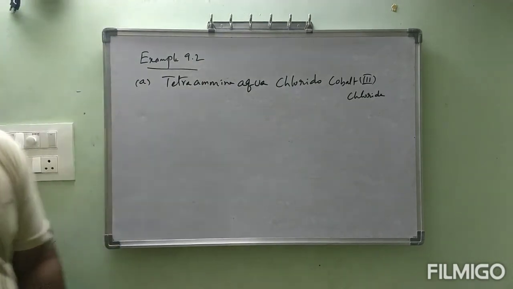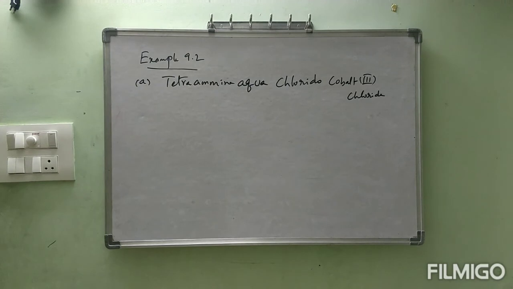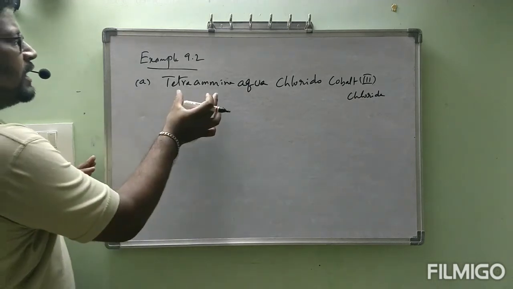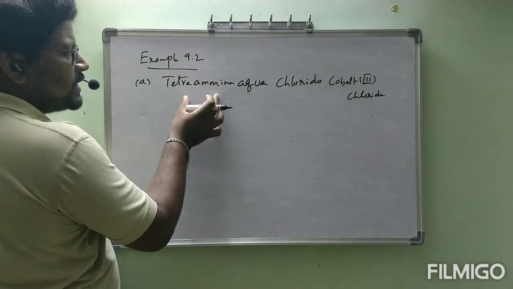We have to write the formula. How to write the formula for this compound? First, tetraammine: 4 NH3s are there.